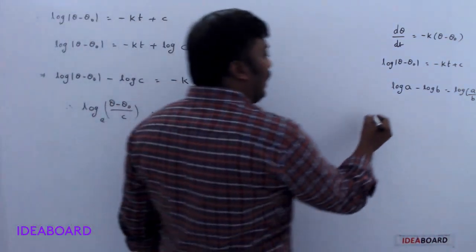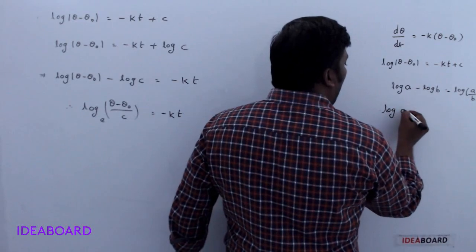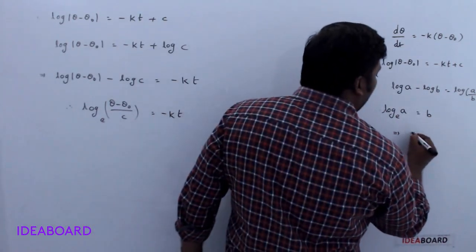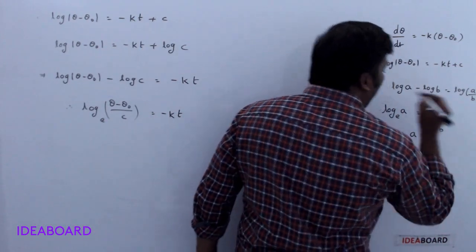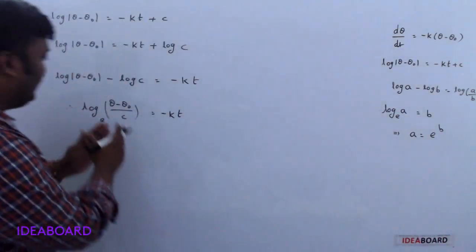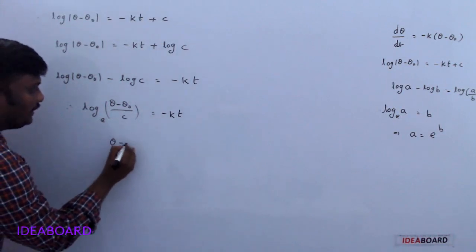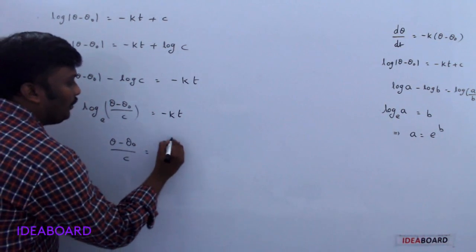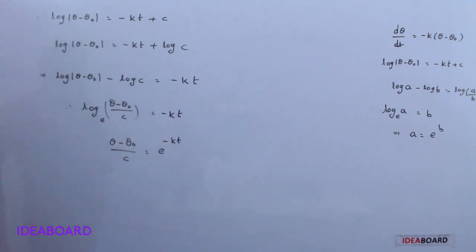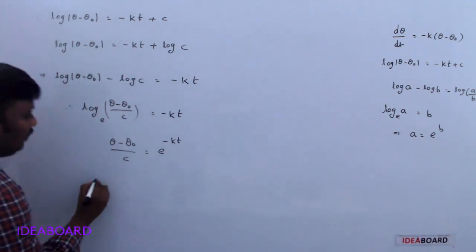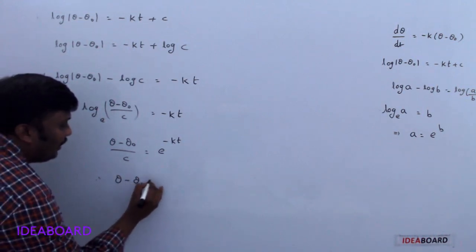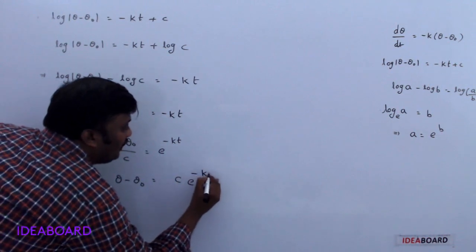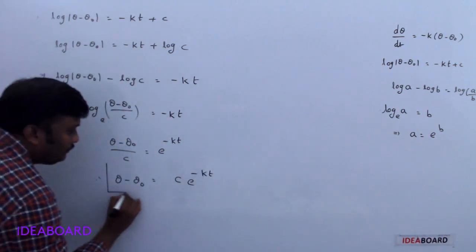In logarithms we have one formula: if log a is equal to b, then you can write the value of a as e power b. In a similar manner, (theta minus theta naught) by c is equal to e power minus kt. Now what is the value of theta minus theta naught? Theta minus theta naught is equal to c into e power minus kt.